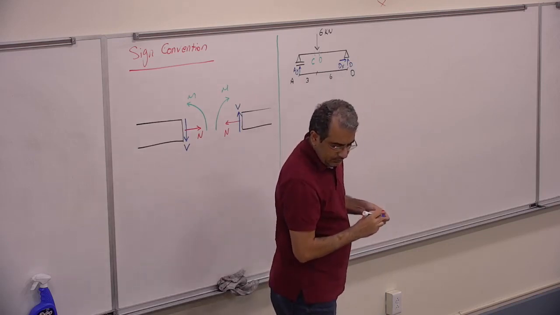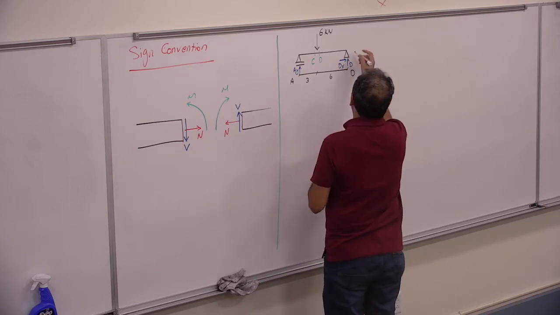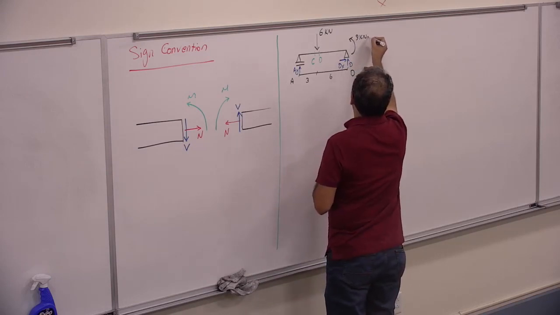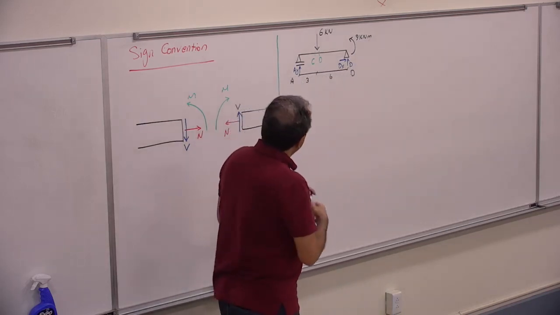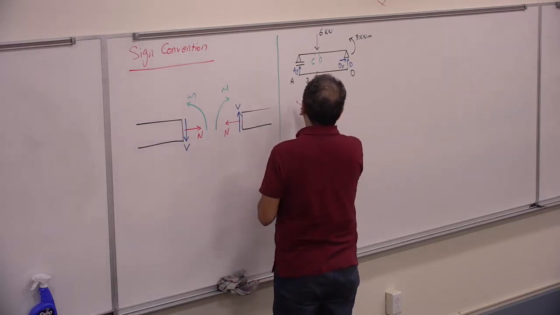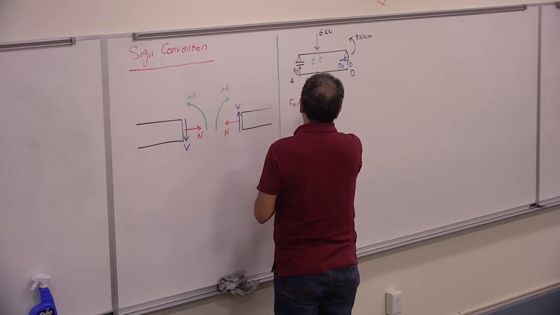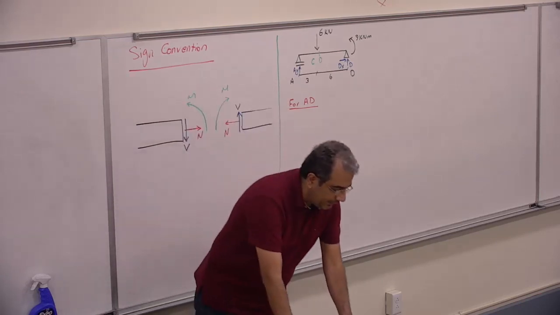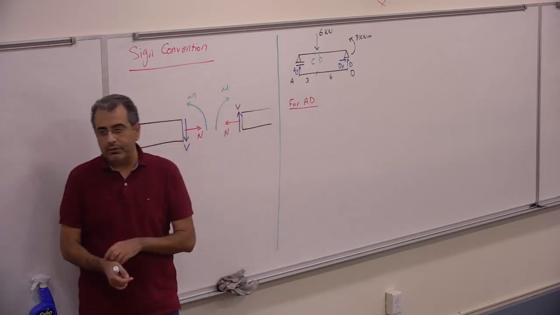And there's also a pin connection here. So the first step is to find the reactions of the supports. If I consider the entire thing, AD, the entire section, then I will write the equilibrium equations to find them.